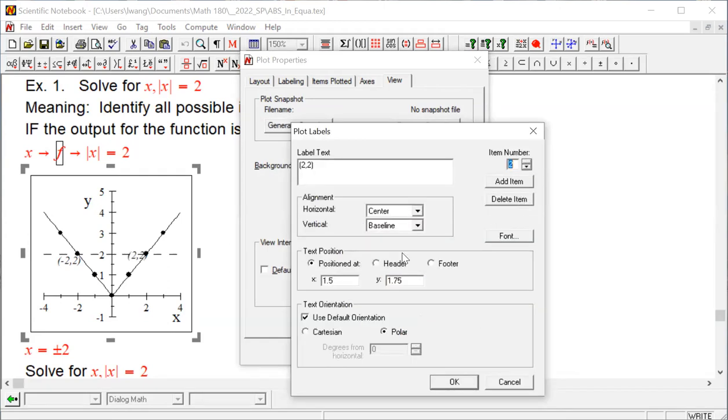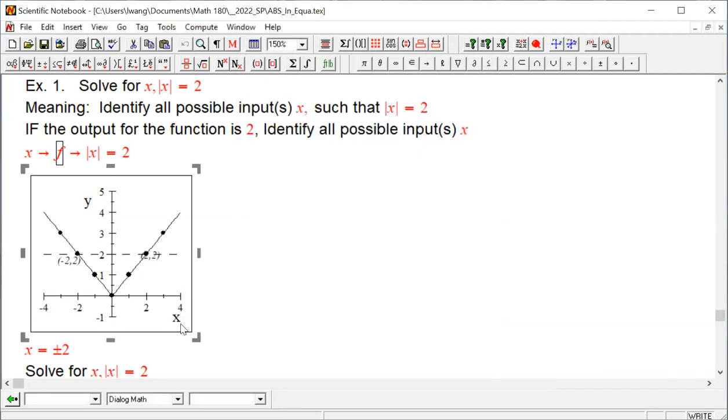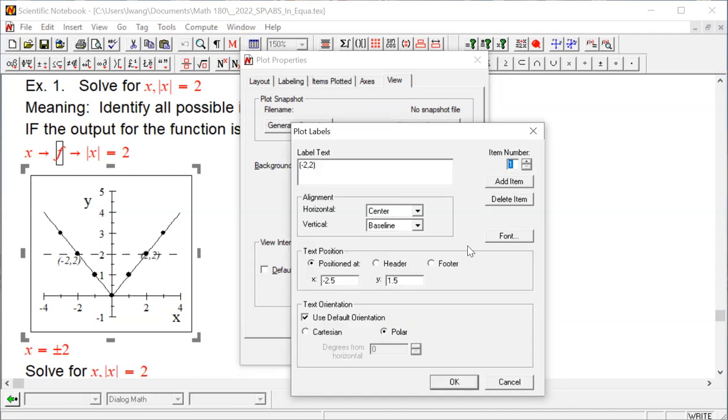Not totally satisfied with it. Let's see if this works better. Oh, this is even more ugly. Let me just try it one more time. Okay, positive 2, 2, and we'll make it like that.